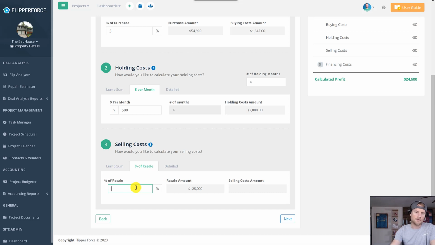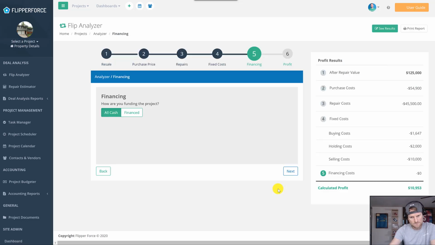You're going to have to pay 3% for the buyer's agent's commission. You're going to have to pay your own seller's agent's commission, and then there's going to be 2 to 3% of miscellaneous costs that you have to pay at closing. So generally it ends up being around 6 to 9%. I'm just going to plug in 8% here. 8% times 125,000 is equal to $10,000 in closing costs for selling costs.